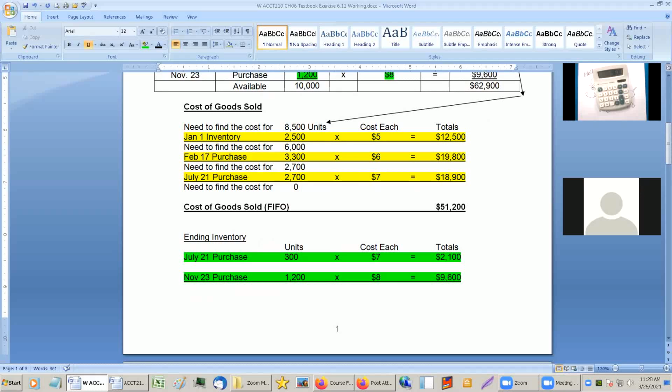So the ending inventory, this is what was not sold. $11,000.